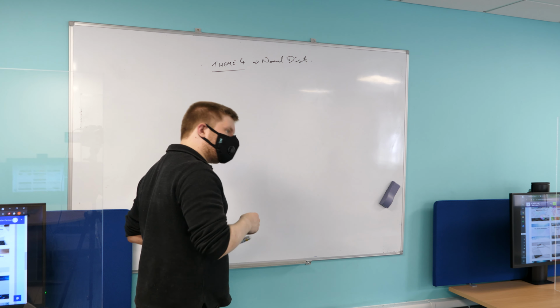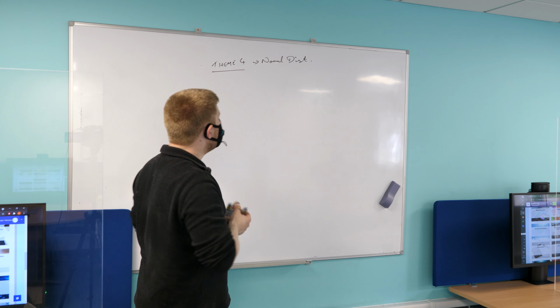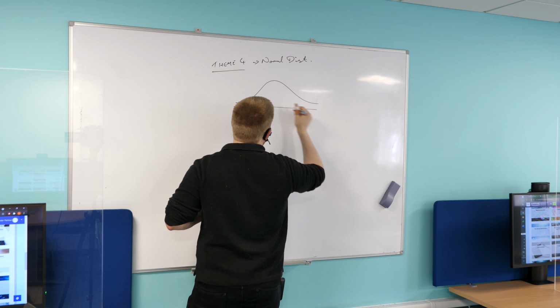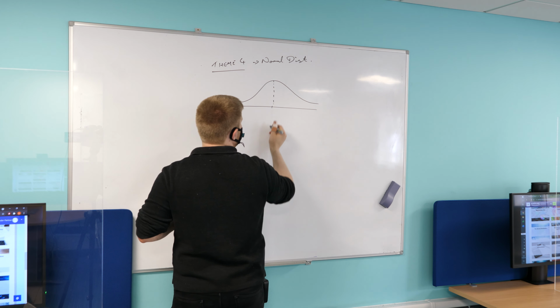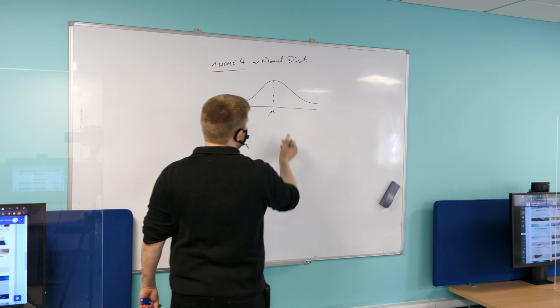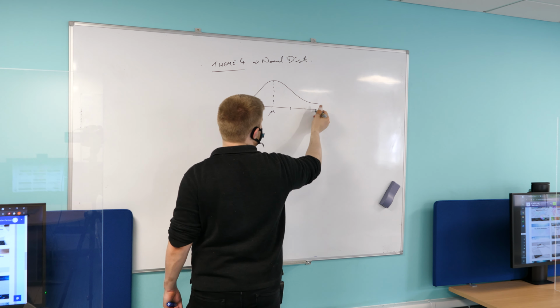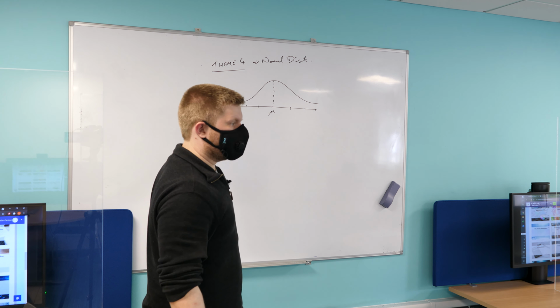We understood some of the properties of the normal distribution. Ultimately, we said, hey, look, the normal distribution follows this curve. Effectively, we're saying that in the middle here, we have the mean, okay? The most likely outcome should be in the middle. And then from this, we said, okay, if we measure 3 standard deviations each side of the mean, we should expect 99.9% of our data pretty much, okay?